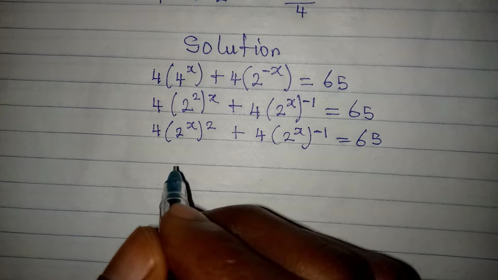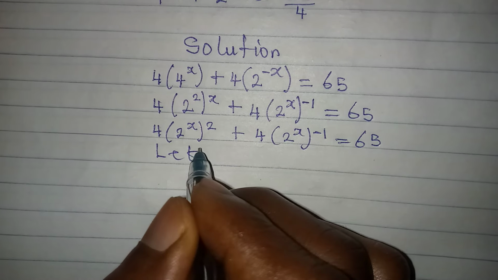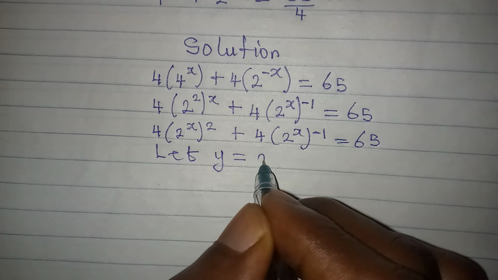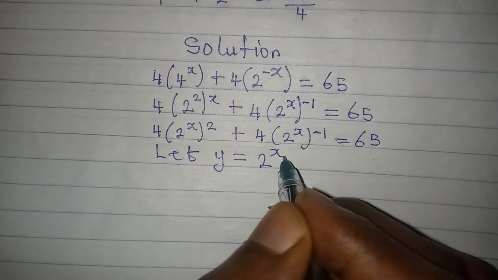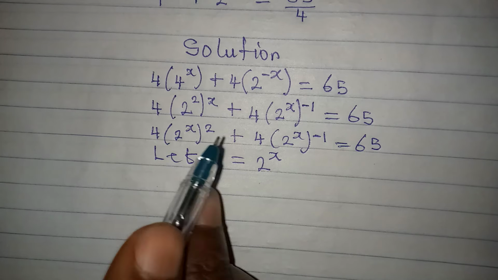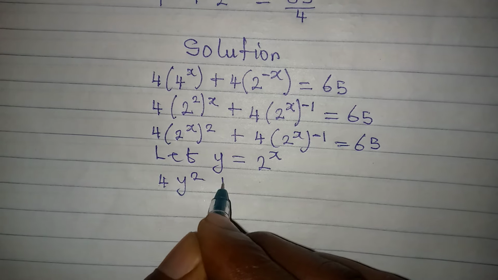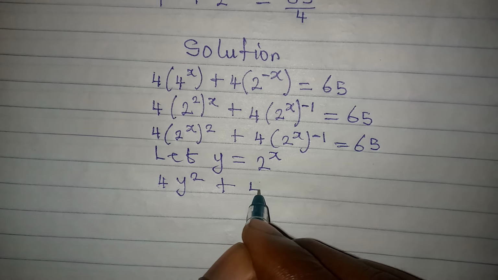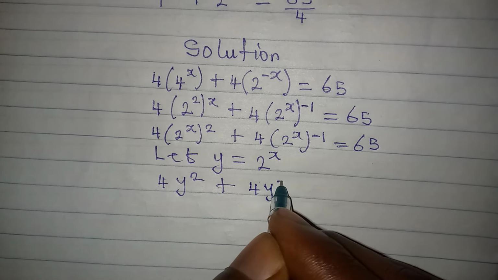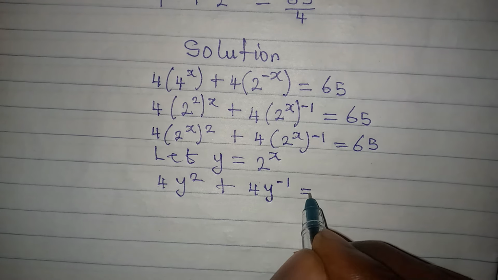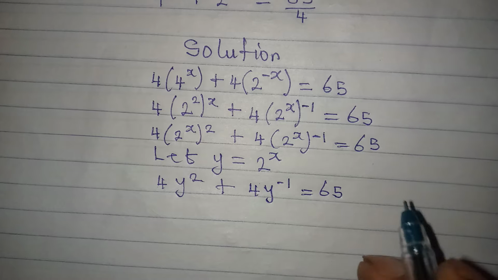Now, the next thing we will do is to replace 2 to the power of x. So let y be equal to 2 to the power of x. So that in place of this now, I'm going to write y. So we have 4y squared plus here we're going to have 4y to the power of negative 1 because 2 to the power x is y, and this is equal to 65.